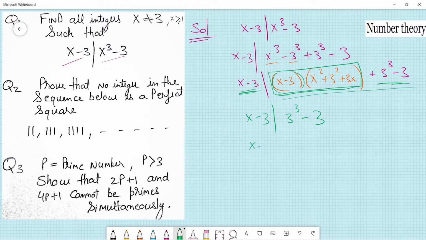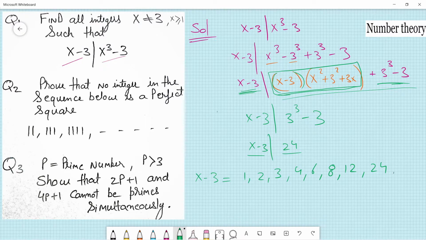Now x minus 3 has to divide 3 cube minus 3, this is 24. Now what integers can divide 24? The values x minus 3 can take are 1, 2, 3, 4, 6, 8, 12, and 24 can also divide it. We can also take negative integers.